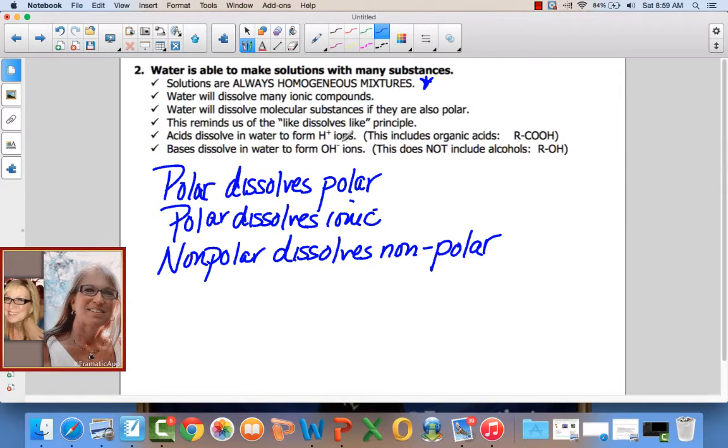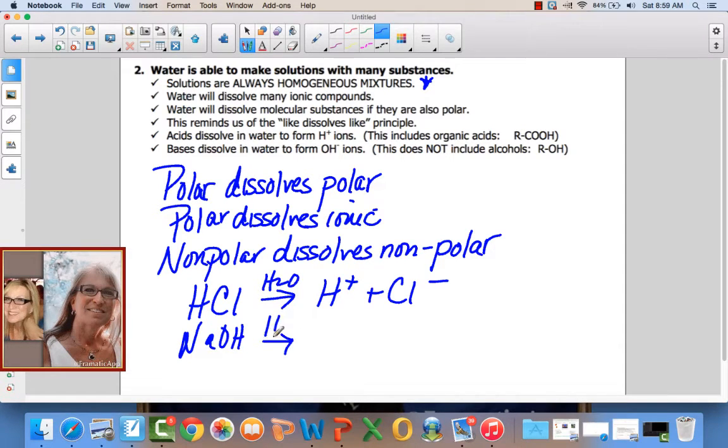Acids dissolve in water to form H ions, and bases dissolve in water to form OH minus. And what this is just saying is that if I have HCl and I put it in water, I'm going to get H plus and Cl minus. If I put NaOH in water, I'm going to get Na plus and OH minus.